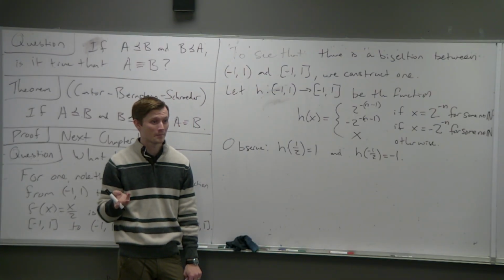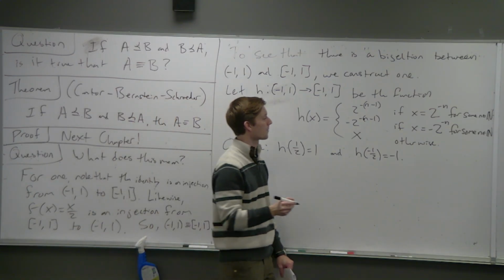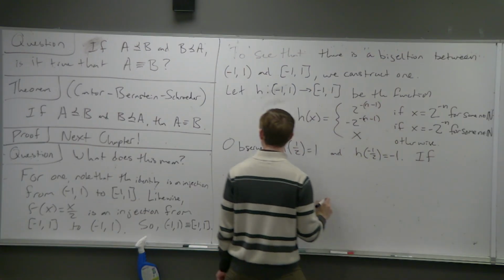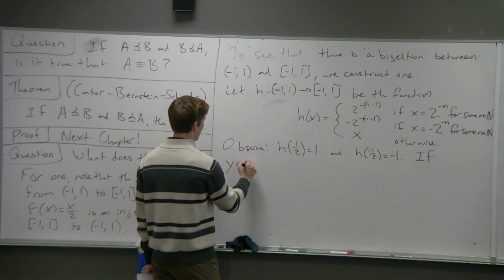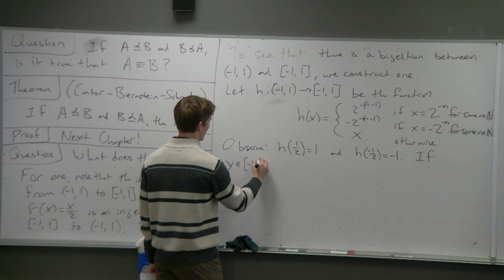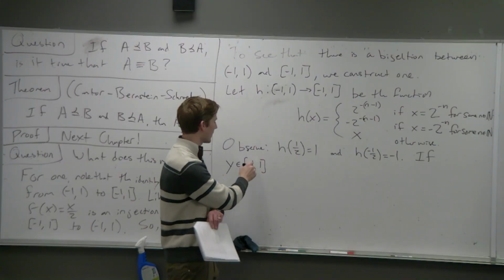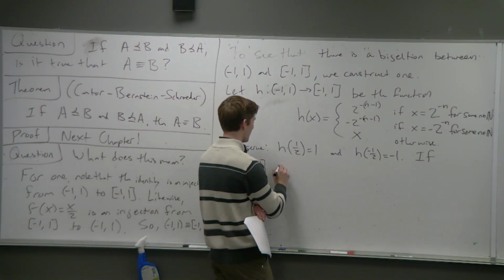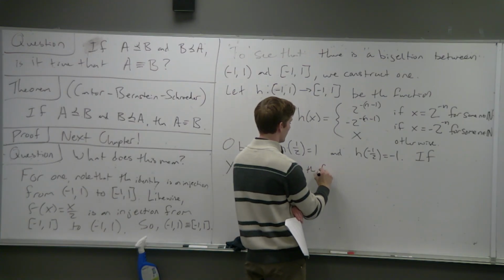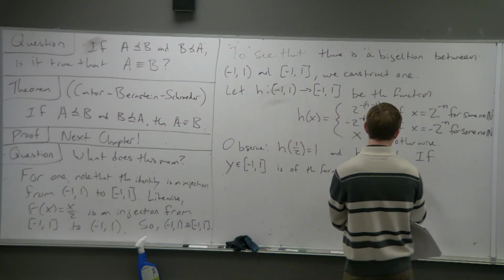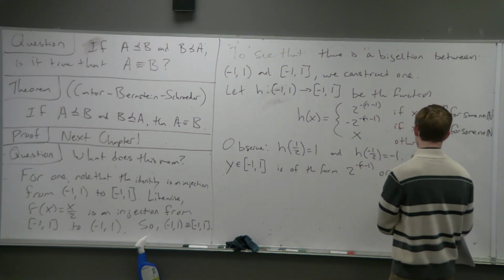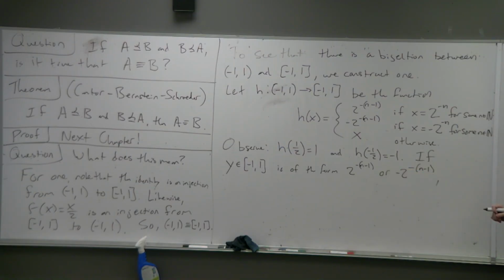Yeah? If, I'll write it this way, if y in [-1, 1] is 2 to the minus n minus 1, or minus 2 to the minus n minus 1, yeah?